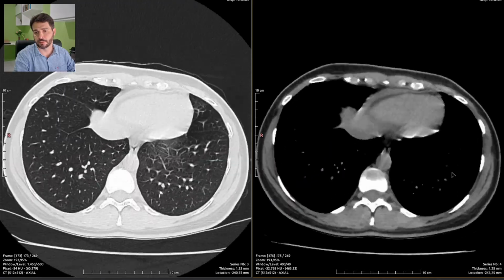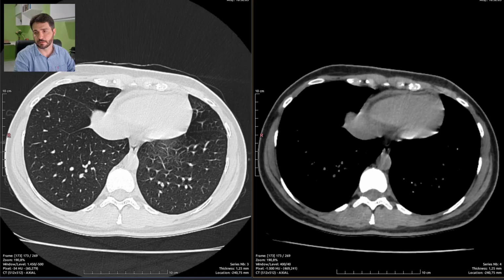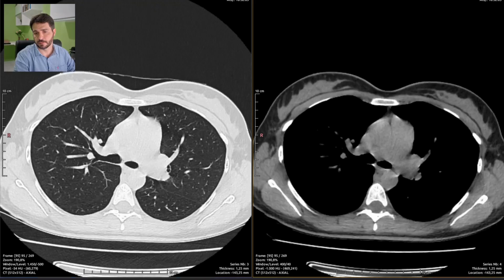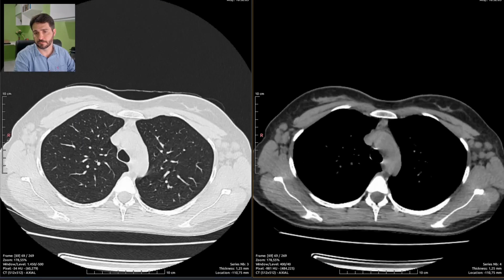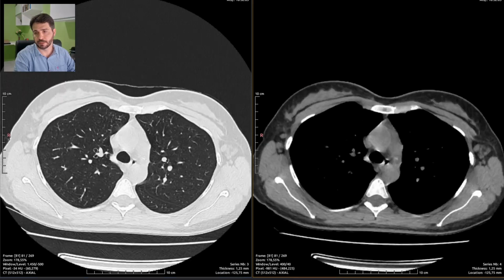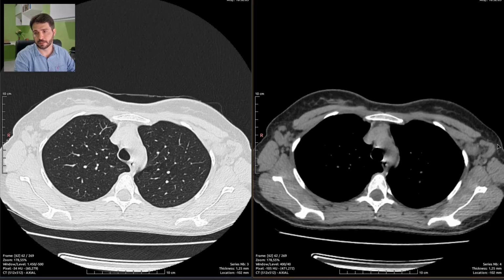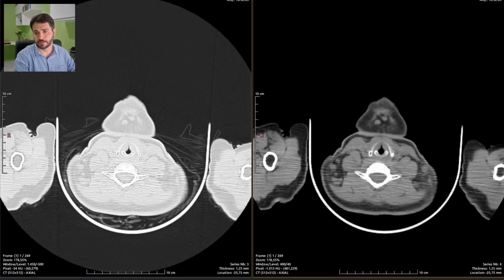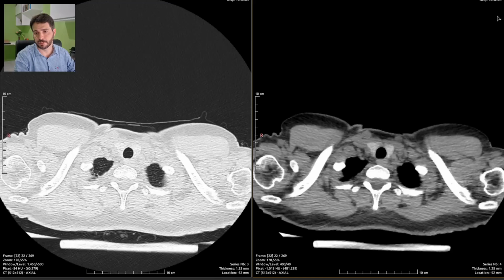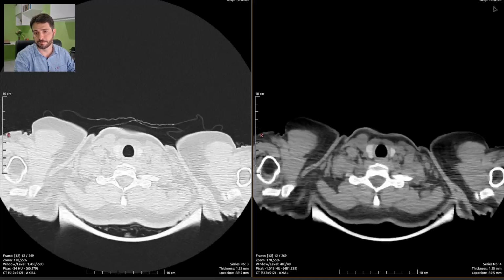Let's look for lesions outside the lungs, so we can see there are enlarged axillary lymph nodes. Usually there are cervical lymph nodes enlarged as well.